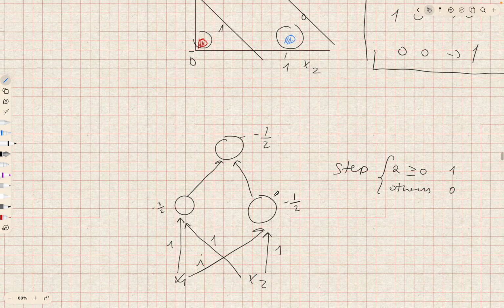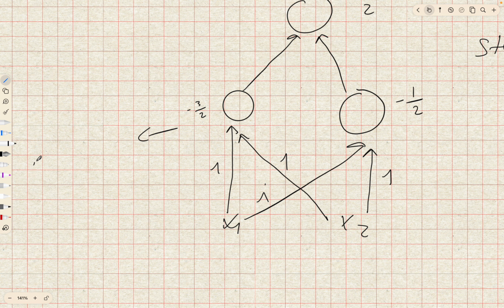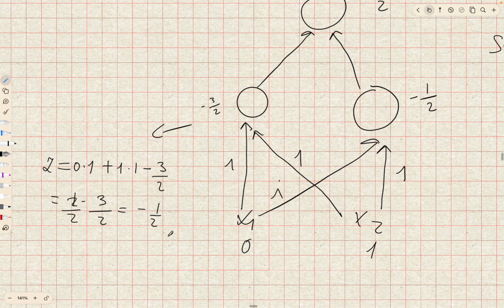And let's give it a try. Let's try 0, 1. So here z becomes 0 multiplied by 1 plus 1 multiplied by 1 minus 3 divided by 2, which is 1 minus 3 over 2, giving minus 1 over 2, which is smaller than 0.